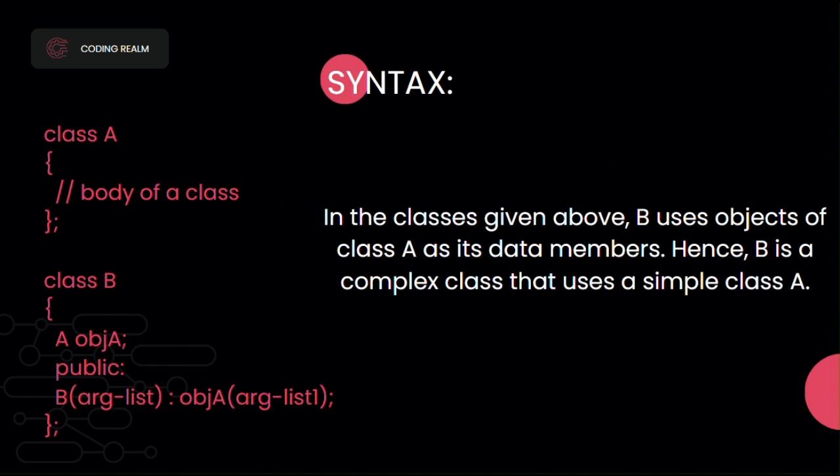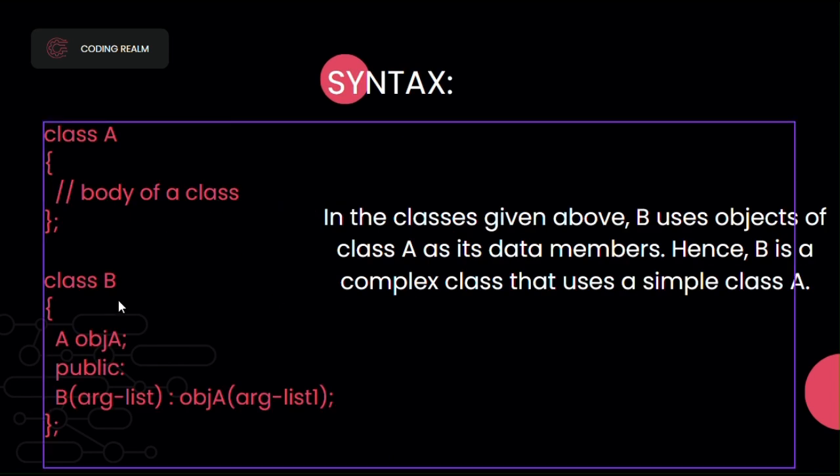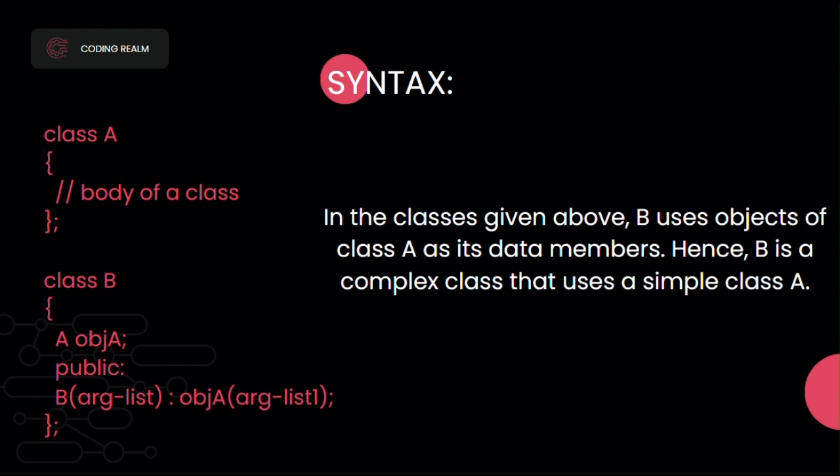The syntax: class A, body of class A, class B, with object A, public B with argument list, and object A with argument list 1. In the classes given above, B uses an object of class A as its data member. B is a complex class that uses a simple class A.